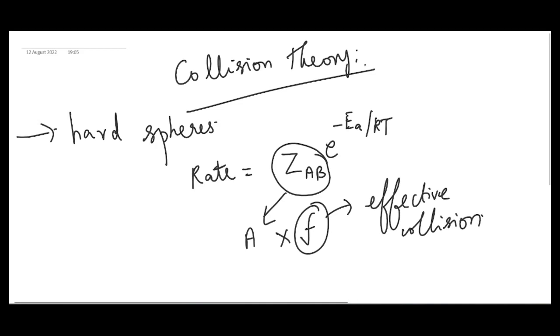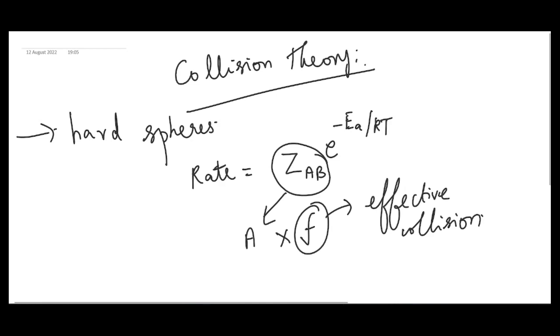So what are these effective collisions? Not all the collisions lead to the formation of the final product, because sufficient energy, that is the kinetic energy, has to be there between the colliding reactant molecules so that the products are formed. You can also understand this with respect to the threshold energy.